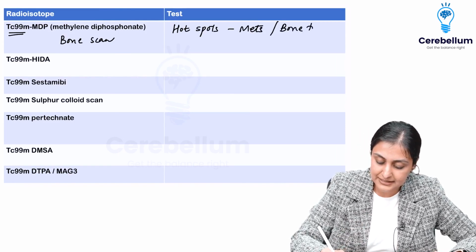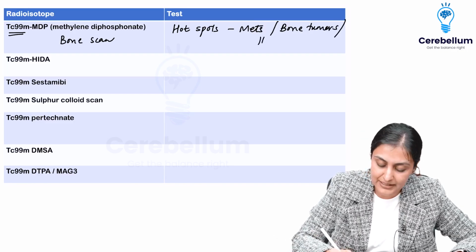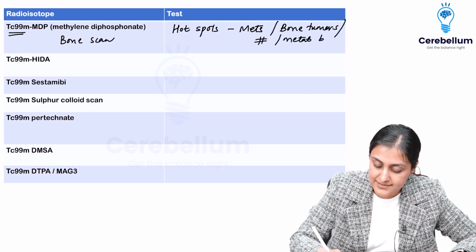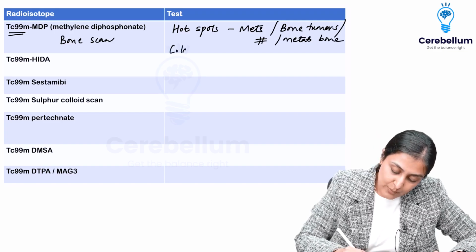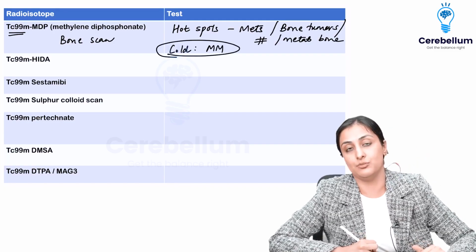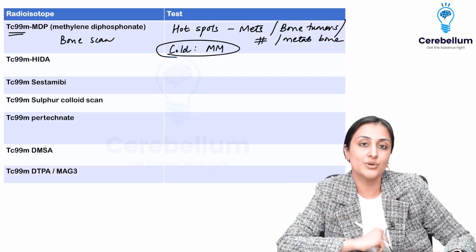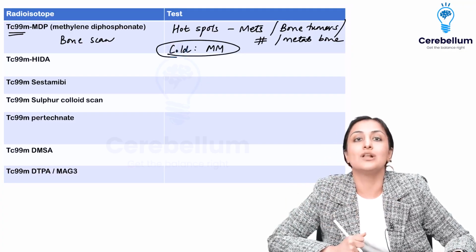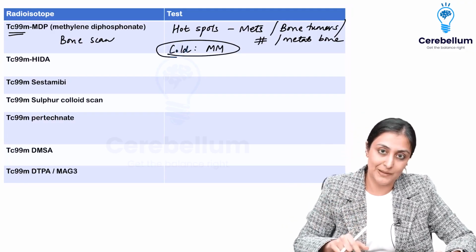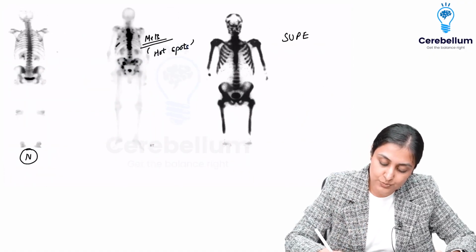It will be seen in bone tumor, essentially anywhere bone turnover is happening, like a fracture, like a metabolic bone disease, right? But what is very important is cold spot is the characteristic of multiple myeloma. So when you have a lytic lesion but the bone scan does not show increased uptake, that is what we call a cold spot, and that is a feature of multiple myeloma. This was a recent question where they asked, what is a super scan?